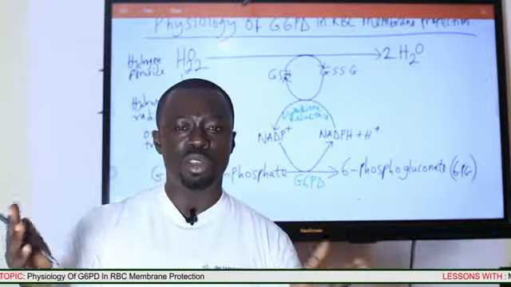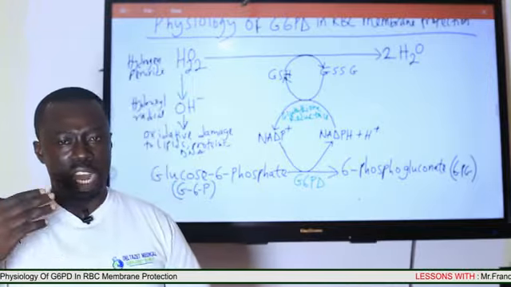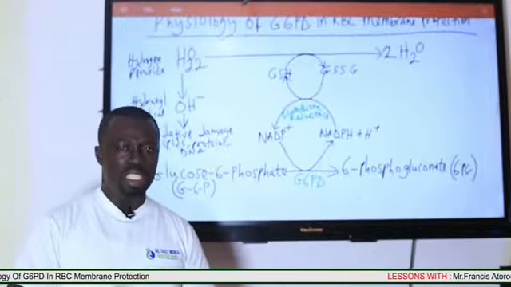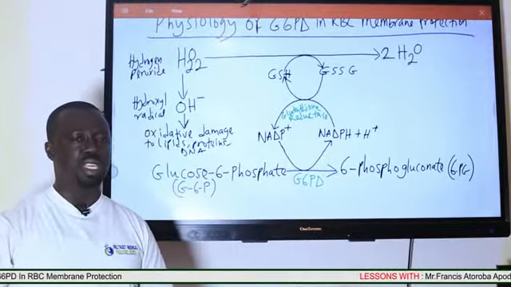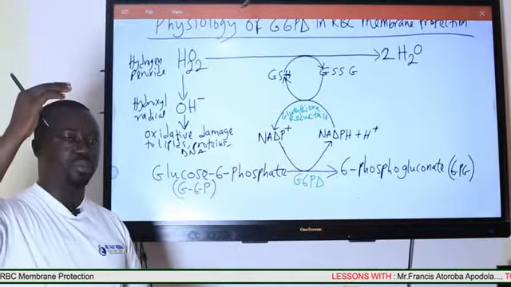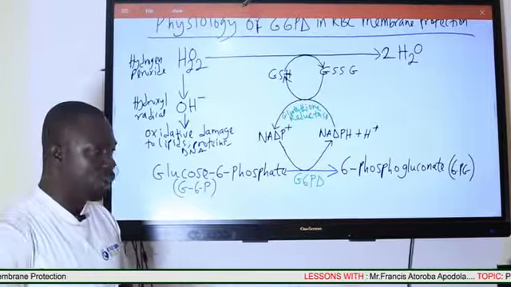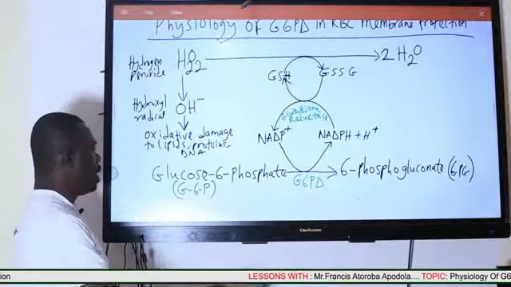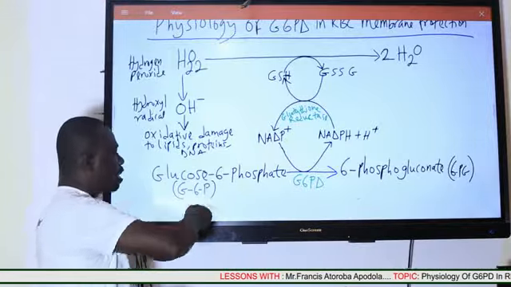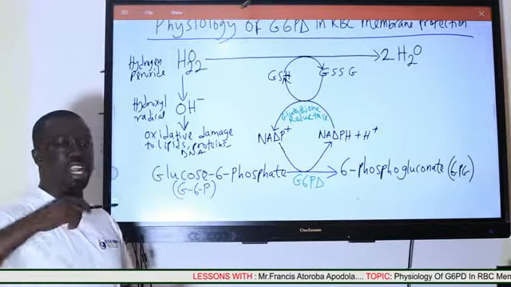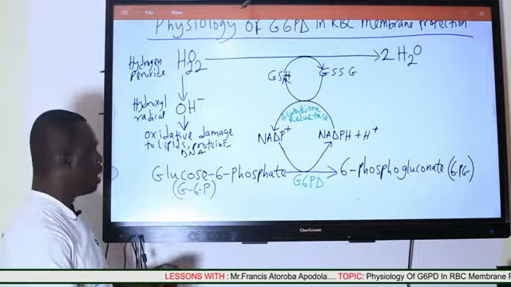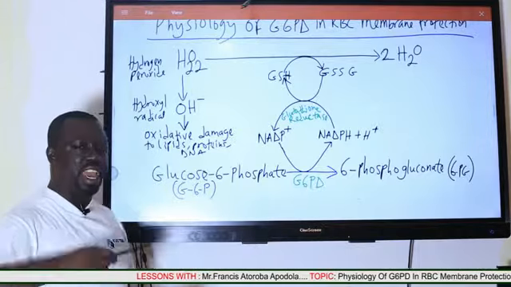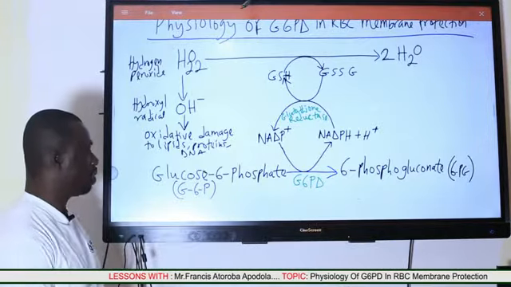So once there is removal of hydrogen atoms from a molecule, that molecule is said to be undergoing an oxidation reaction. So the glucose 6-phosphate will be undergoing an oxidation reaction, specifically a dehydrogenation reaction.